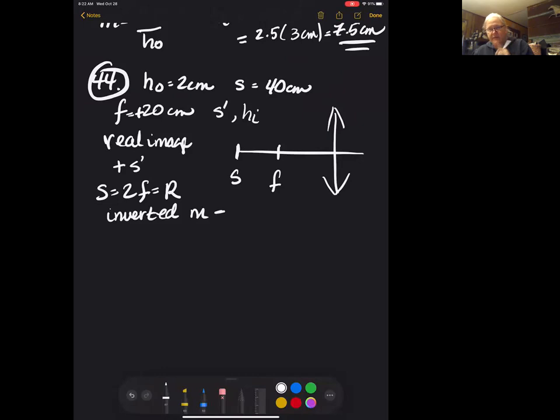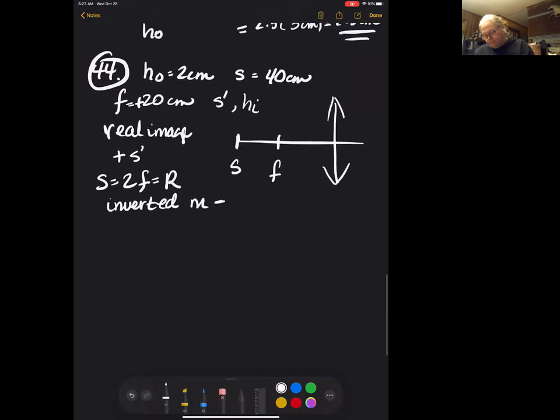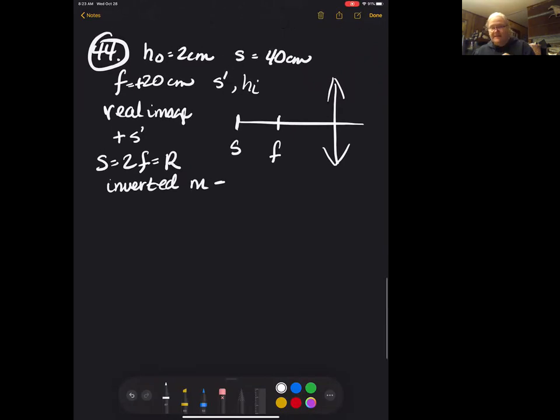And since it's sitting at the radius of curvature, it's going to have an image that's enlarged, because between the radius of curvature and the focal length, if you go back and watch the ray tracing video, it shows you it's going to be an enlarged image. Now that may mean the magnification is greater than or equal to 1. So it may be exactly the same size or larger, but it's not going to be smaller. You have to be outside the radius of curvature for it to be smaller.